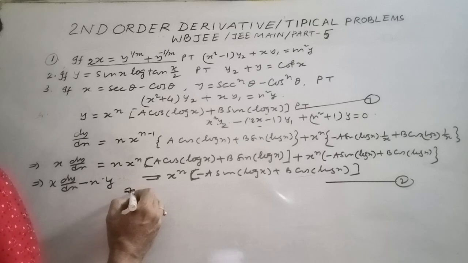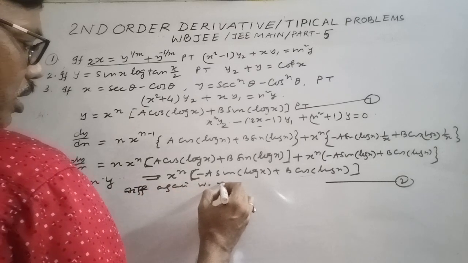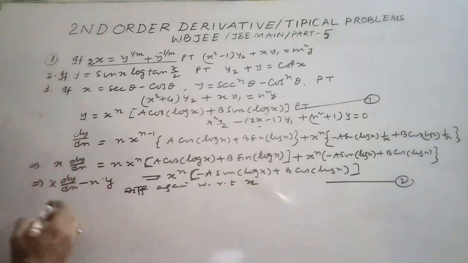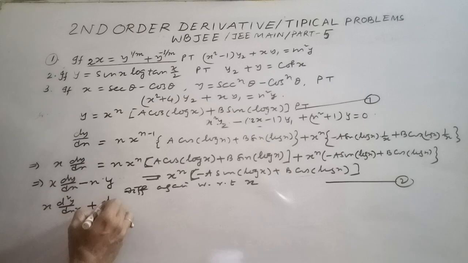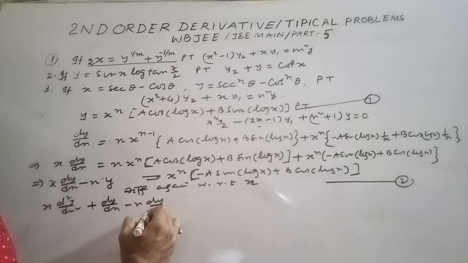Next, differentiating again with respect to x. So x into d2y/dx2 plus dy/dx, this is for the product rule. This is n dy/dx.